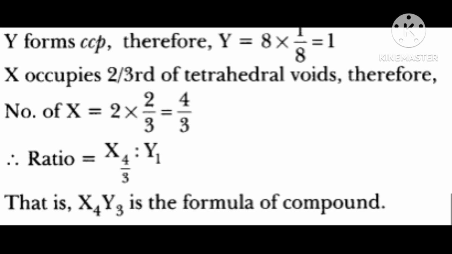That's why you got the formula A4B3, because of double of 2/3. That way you got the 4:3 ratio, and the formula is A4B3. This I have discussed.